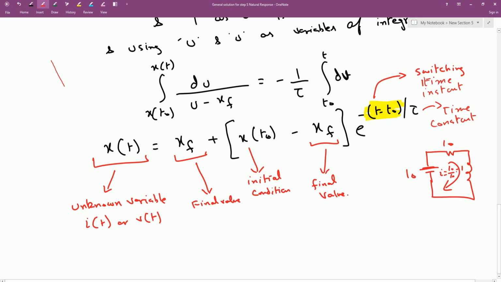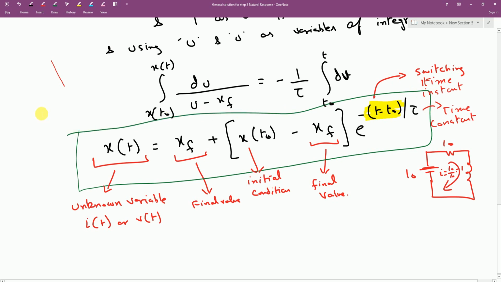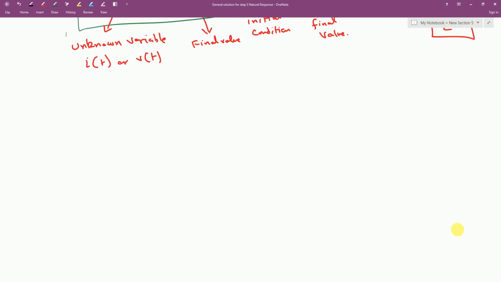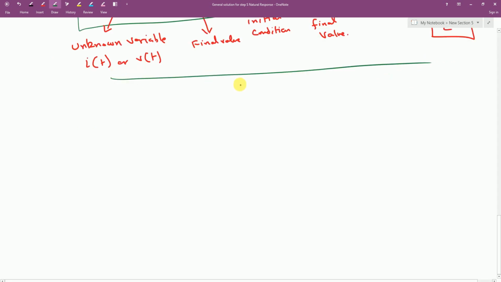However, this provides us a general form that can be applied to any circuit without going deeper into the derivation process of the differential equation. If we remember this equation, it can be utilized to reach those values that were previously derived using the differential equation and mathematical manipulations.